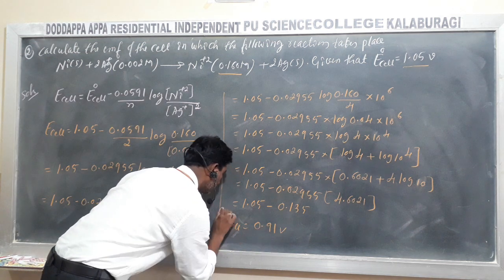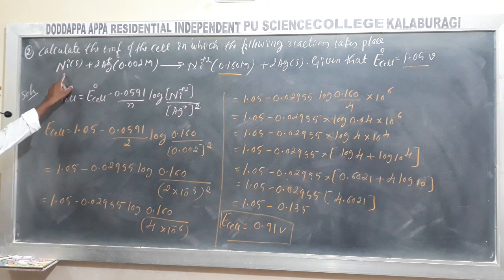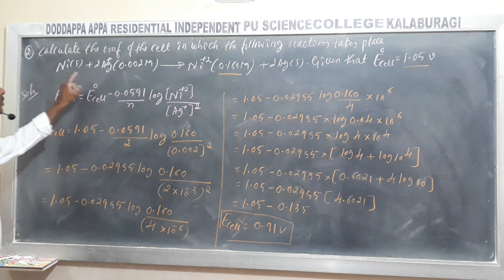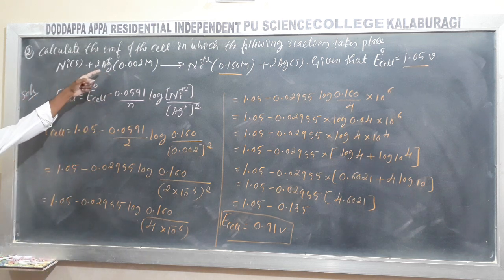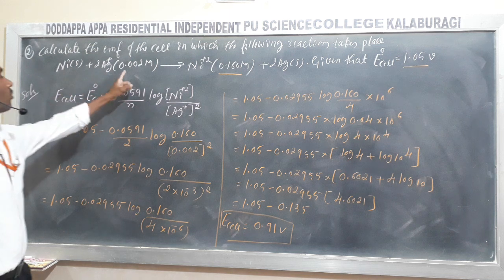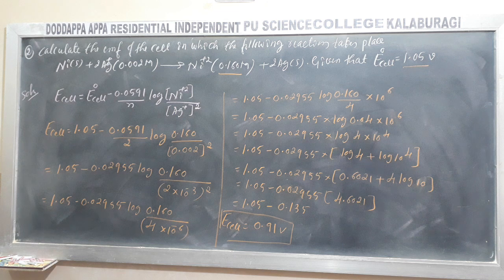This is the E of cell when the nickel electrode is dipped in nickel plus 2 solution and the silver electrode is dipped in silver plus solution at concentrations of 0.160 and 0.002 M.